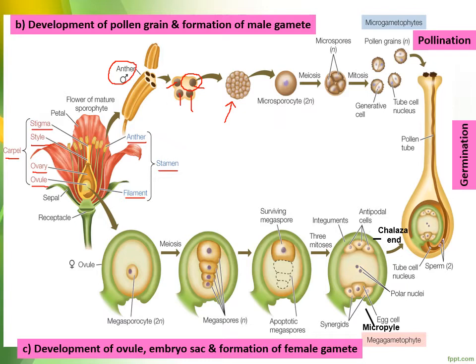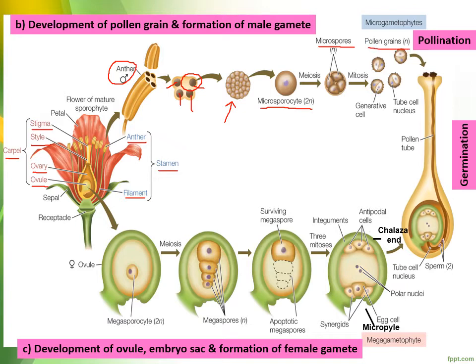Okay, so let's assume we take out 1 microsporocyte, 1 diploid microsporocyte. So this diploid microsporocyte will undergo meiosis to produce 4 haploid microspores. And each of these microspores will undergo mitosis to produce pollen grains.